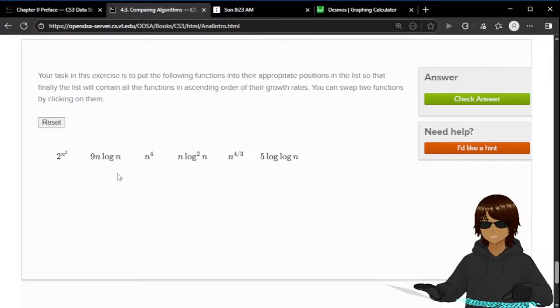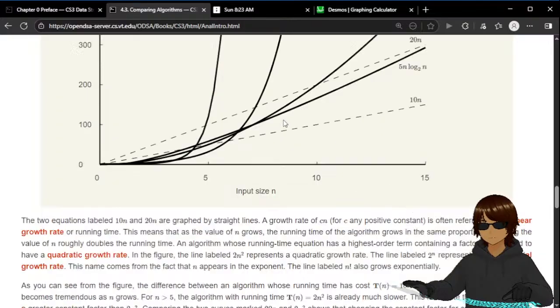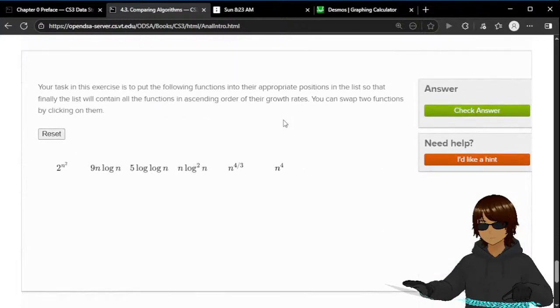Ascending order of growth rates. n to the power of 4 grows larger than n to the power of 4 over 3, right? n squared, 2n. I think 2n squared will grow the largest, right?